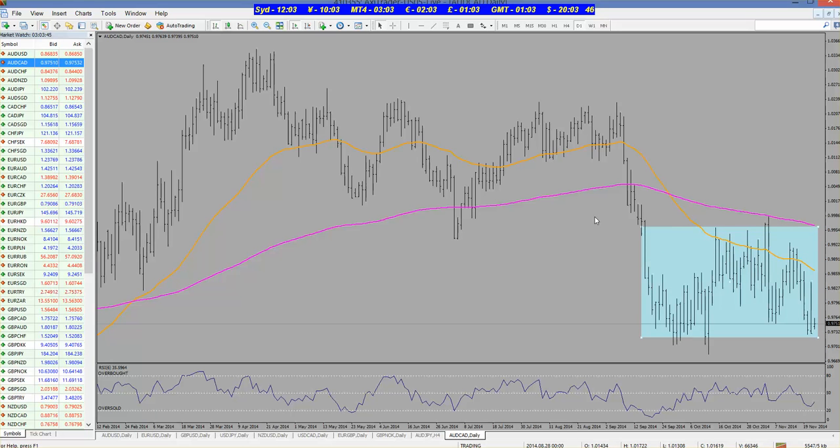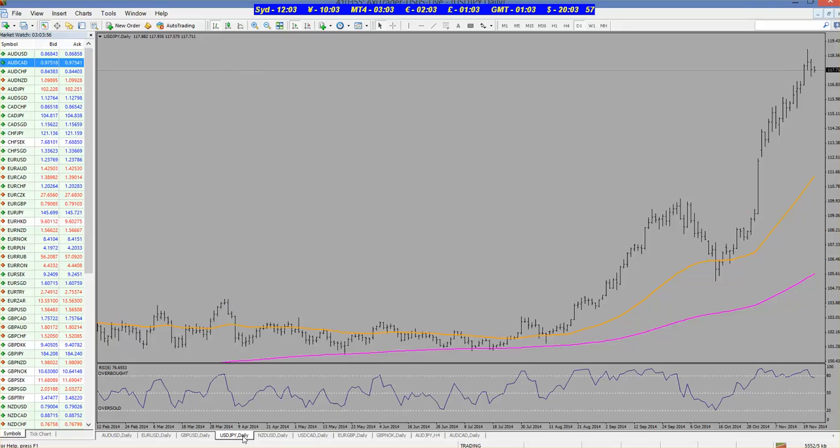What I'm seeing is that it's crap, and if it's crap, then you shouldn't be looking at the shorter time frames. If something's trending and trending well, let's look at this one.